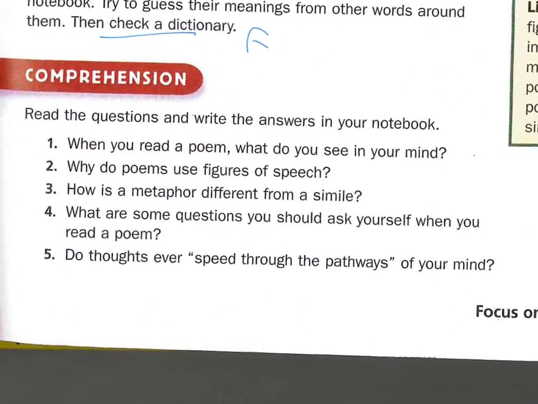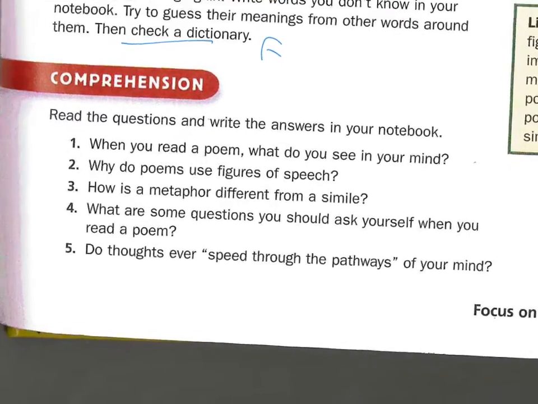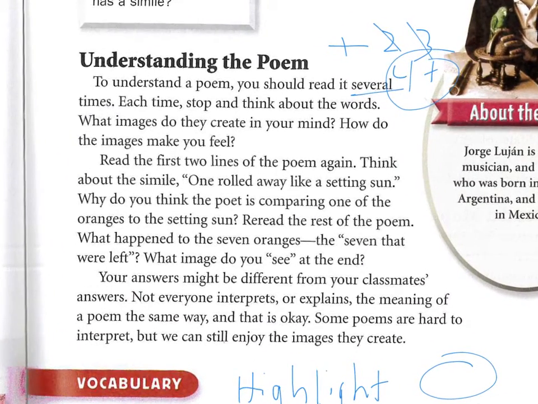What are some questions you should ask yourself when you read a poem? Do you see the questions here? What images does the poem create in your mind? How do the images make you feel?